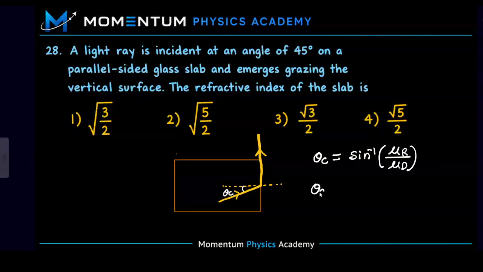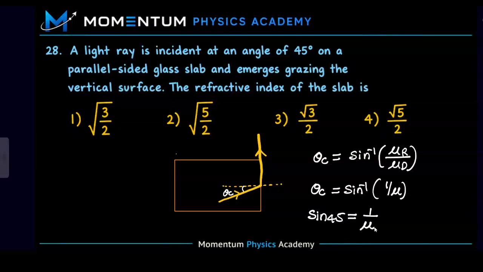So theta c is sine inverse of 1 by mu, where mu is the refractive index of the glass slab. Sine of the angle given, 45 degrees, is 1 by mu. So then the mu value is root 2.